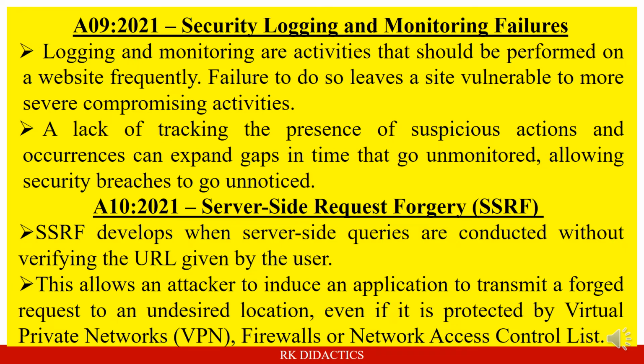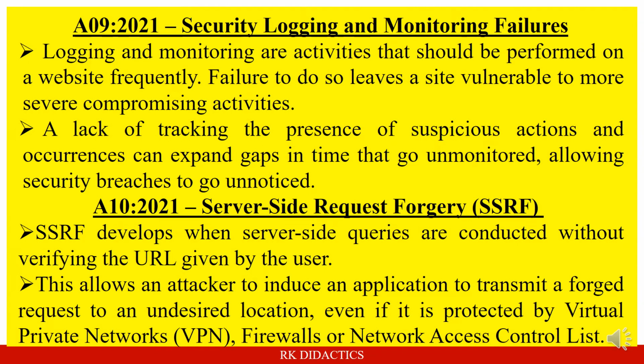Then last risk is server side request forgery or SSRF. Server side request forgery develops when server side queries are conducted without verifying the URL given by the user. So what happens? This allows an attacker to induce an application to transmit a forged request to an undesired location, even if it is protected by VPN or virtual private network or firewalls or network access control lists.